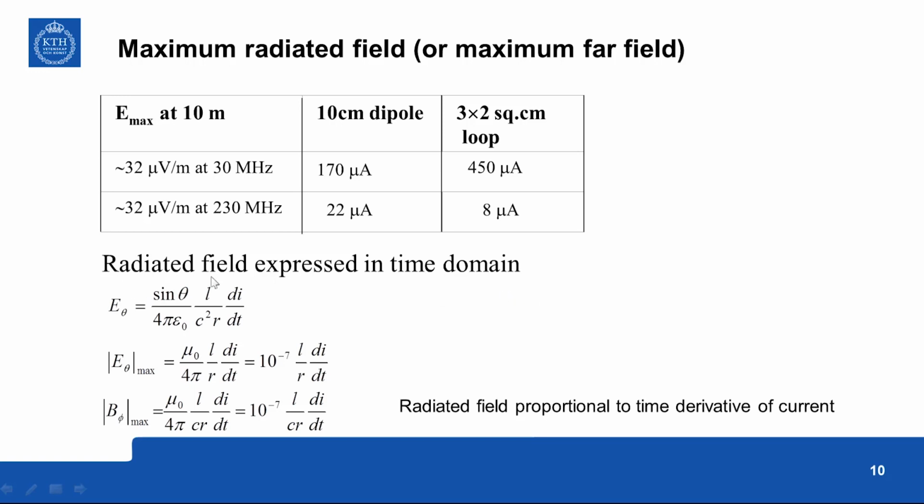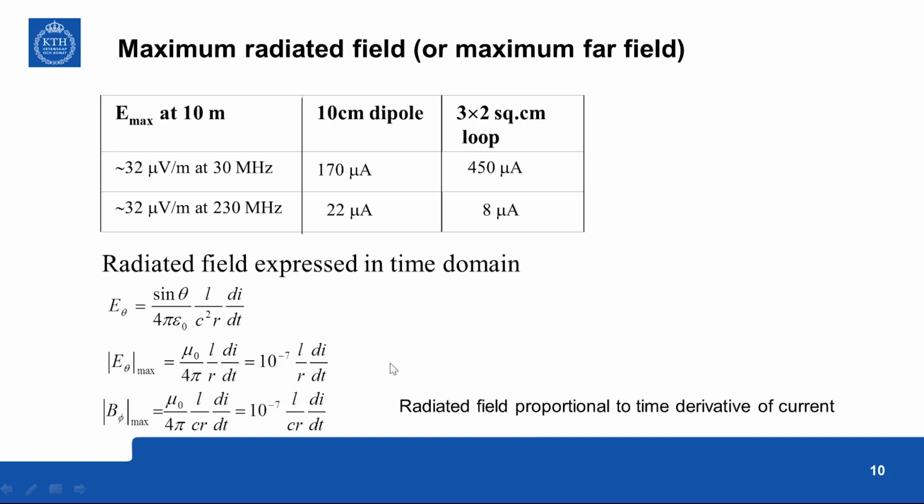Now, sometimes we can find the radiated field in time domain, other than the frequency domain. Then you can see it is proportional to the rate of change of current, di by dt, and the length of the dipole, and inversely proportional to the distance. And mu 0, 4 pi, these are all constants. C is also constant.